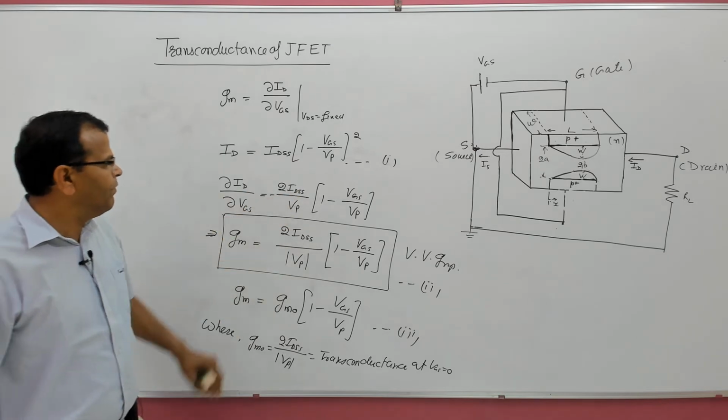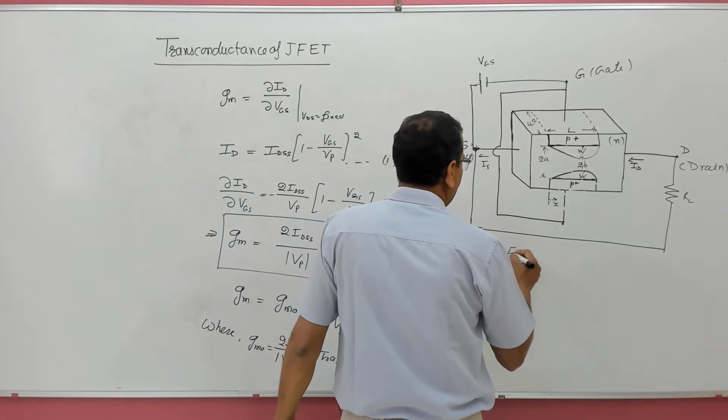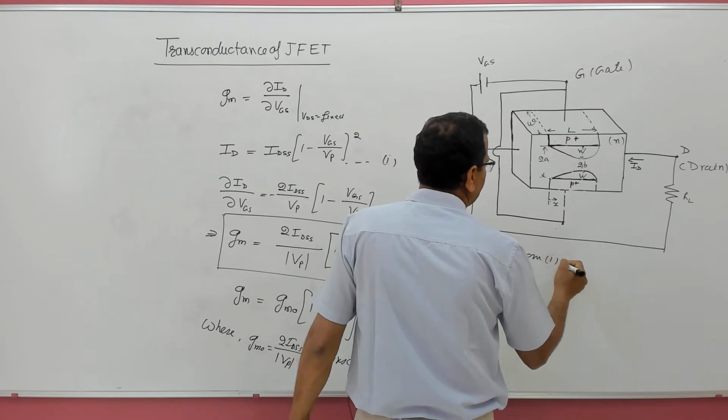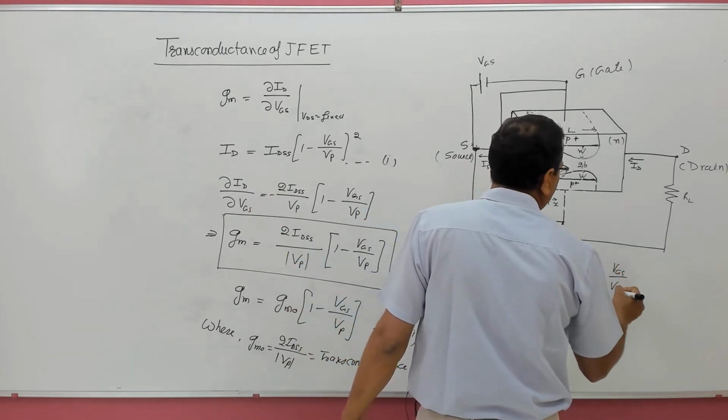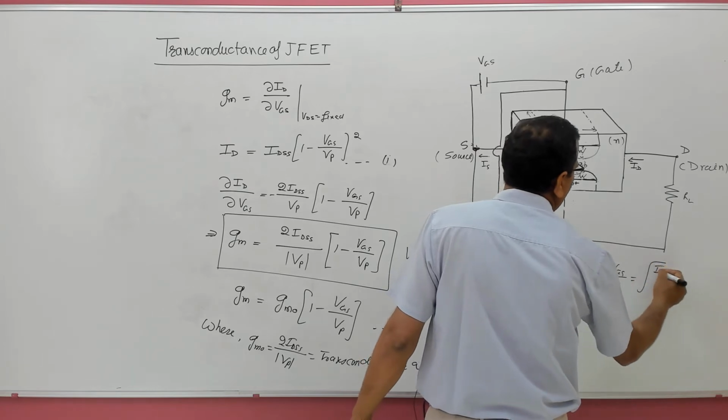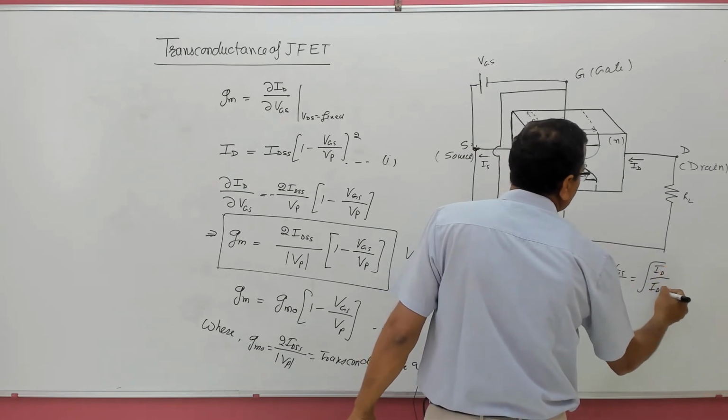But if you see from the first equation, what do we get? 1 minus VGS by VP is under root ID upon IDSS.